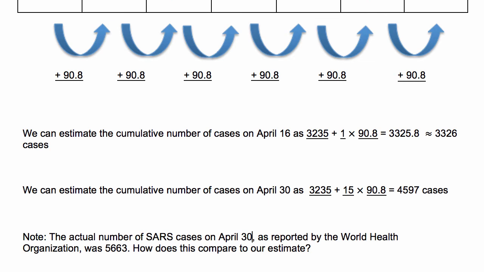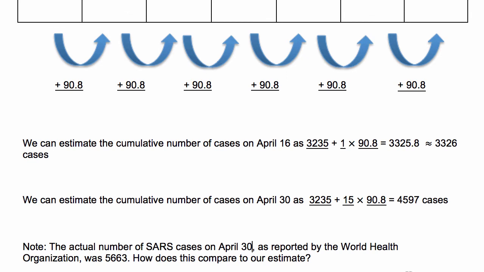Note, the actual number of SARS cases on April 30th, as reported by the World Health Organization, was 5,663. How does this compare to our estimate? Notice the actual number is over our estimate. That is, our estimate was an underestimate.